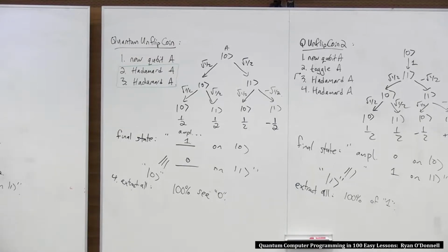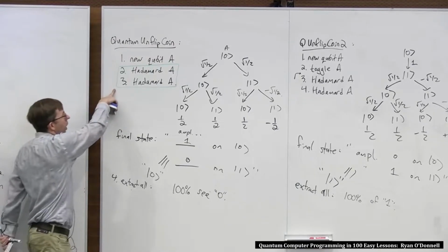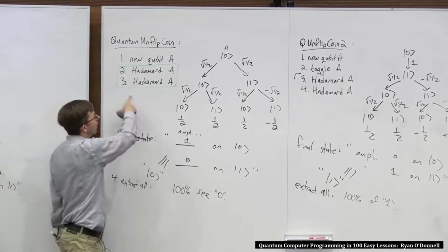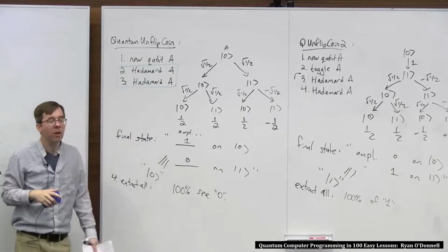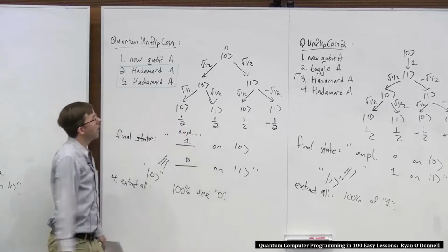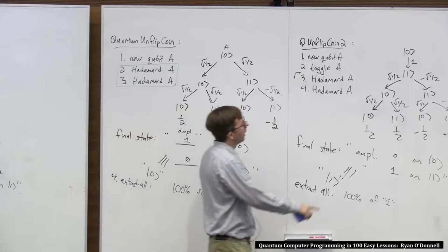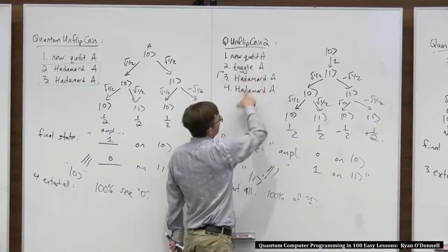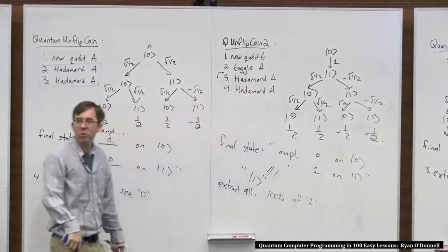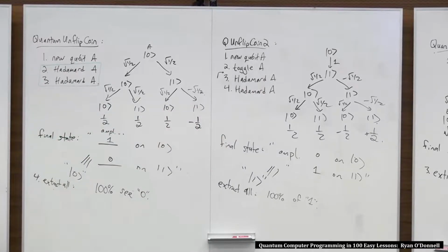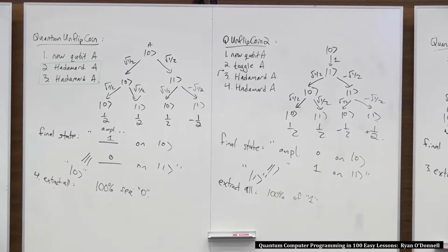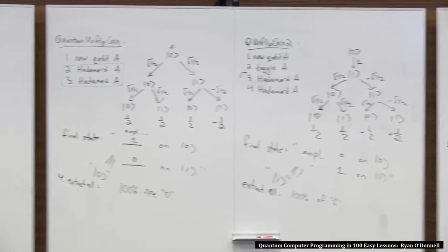But one thing I want to mention right now is, what did we just learn from these 4 examples? This particular one we learned, or these last 2 examples, if you start at 0 and do double Hadamard, you get back to 0. And if you start at 1, which we effectively did here, and do double Hadamard, you get back to 1. So actually, we learned how this subroutine, double Hadamard, operates on the 2 possible basic states, 0 and 1.